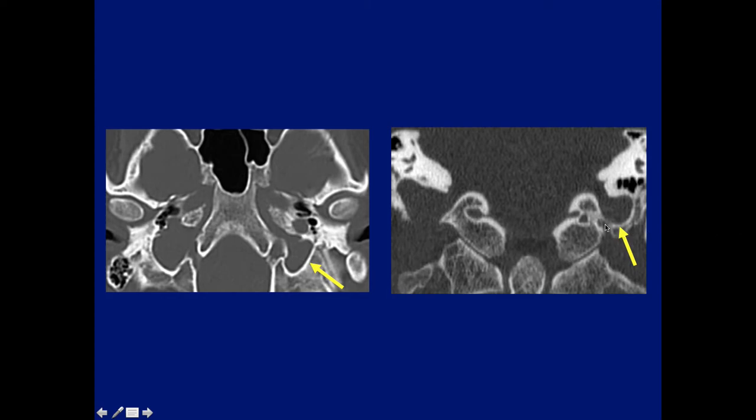And again, on the coronal CT, we can see it over here, and here it is on the axial, but most of the time you will only get a portion of it. Here you see part of it, here you see another part of it, but because of the thin slices, it's not easy to catch it.